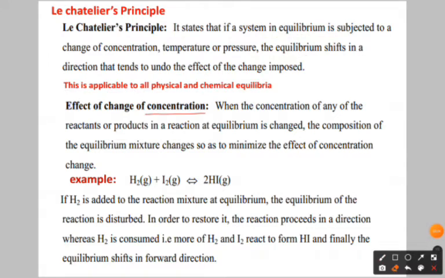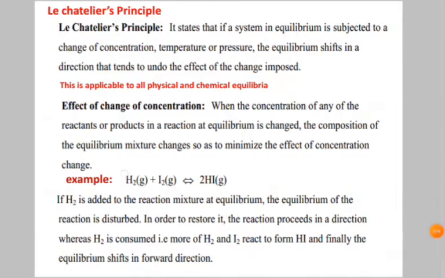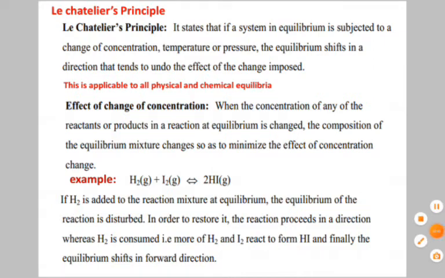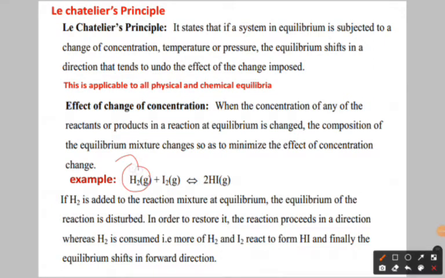Here we have one reaction, that is what? For example, 1 mole of H2 plus I2 gives rise to 2HI. In this reaction, for example, if you are going to add some more amount of H2.